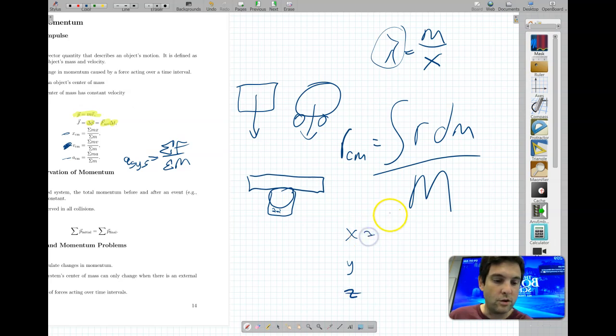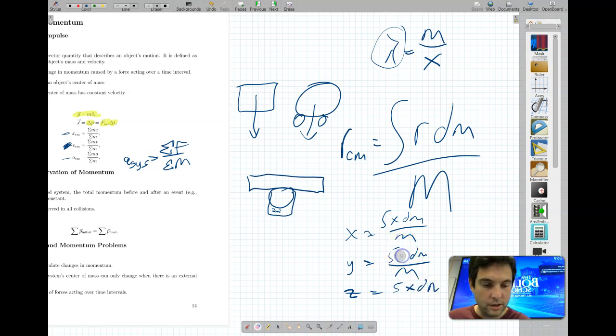So each one of these has its own x dm over your total mass, integrating the mass. Nope, we're not using x. We're using y and z. Sorry, I'm trying to rush here.